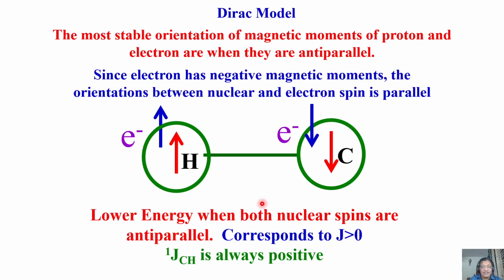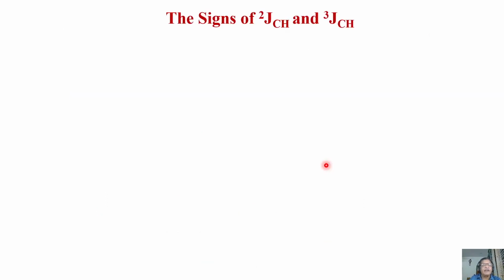The lower energy, when both nuclear spins are anti-parallel, corresponds to J greater than 0. That is why, if you go back and see in the literature, 1JCH is always positive, because the orientation of this proton spin and carbon spin in one bond are always opposite. You can work out by this simple Dirac model.